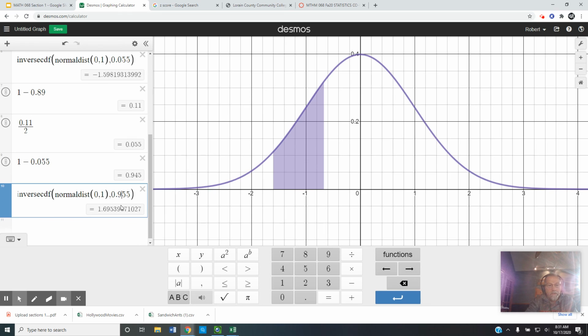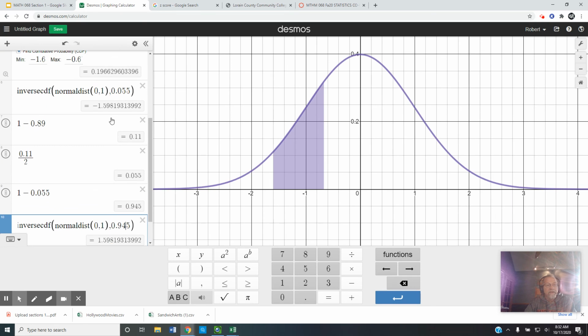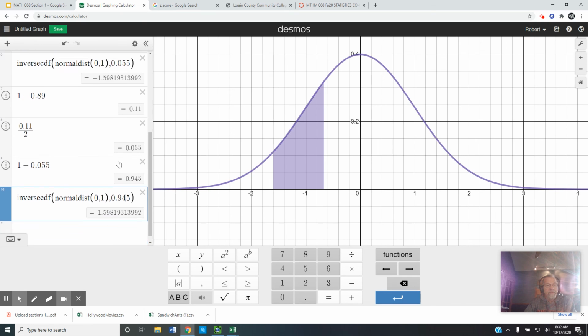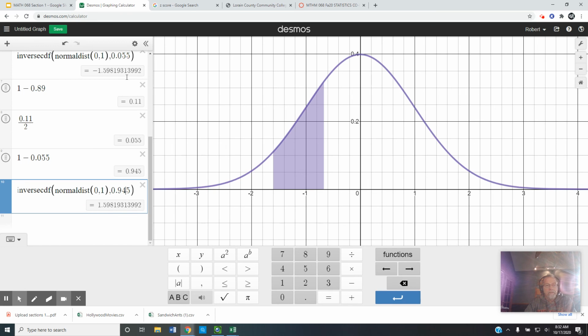And I want to change that other number to a 4. So what I've just done is I've included all of the area under the curve and all of the area to the right of the curve, but I've left out a tail on the other side of 0.055. Look at it. Amazing, right? Here's the negative, and here's the positive. How come they're the same? Because the curve is symmetric.